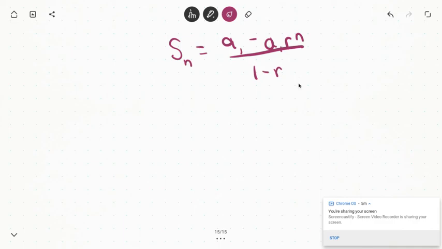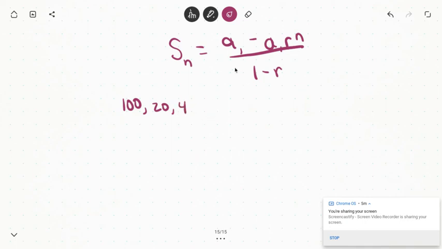So let's say we find the sum of the first 5 terms of a given sequence. So let's say we've got 100 and then 20 and then 4.